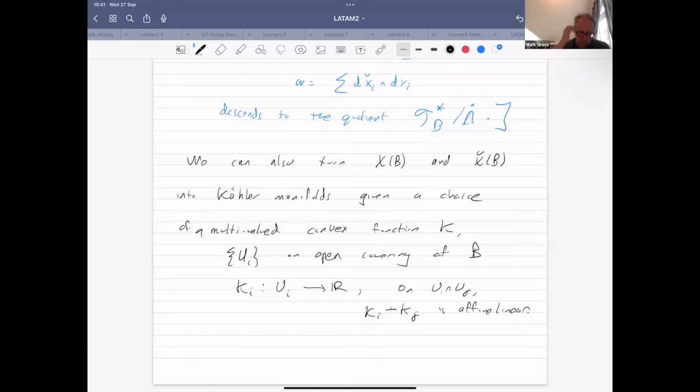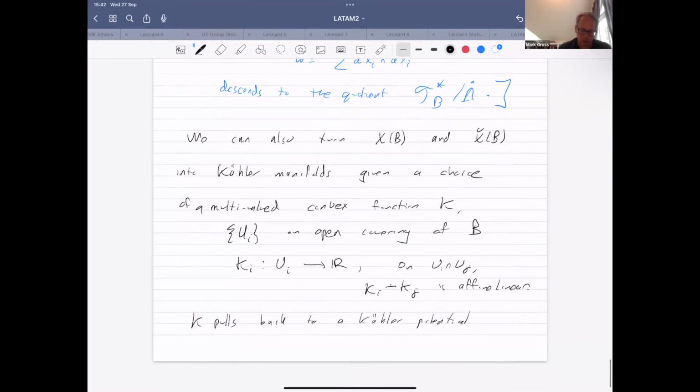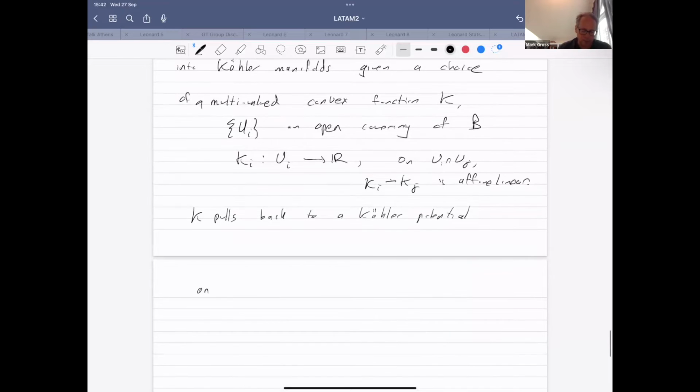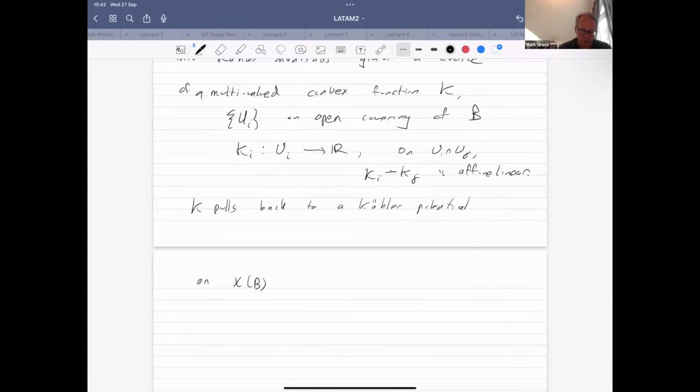Now, if you have such a function K, K pulls back to a Kähler potential on X of B. So you can use that to define a Kähler form, and this defines a Kähler metric.